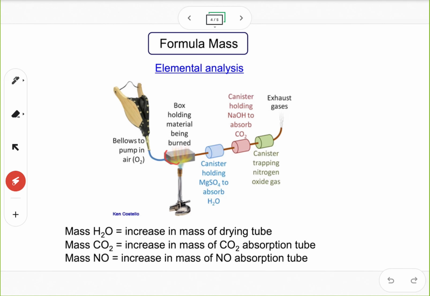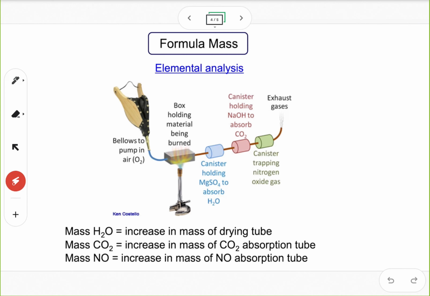Here, this is a very simplified picture to show you the mechanism of elemental analysis. Basically, you have your compound in this tiny box, a chamber, and then you heat it up. Meanwhile, you blow air or oxygen into this chamber, let this compound burn in oxygen, and depending on what elements you have in this compound, different products will be generated.